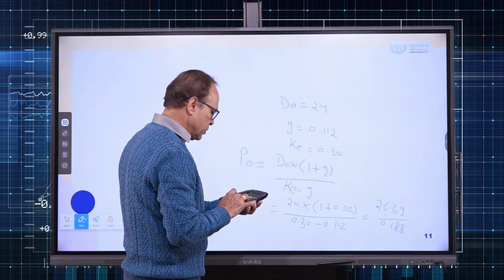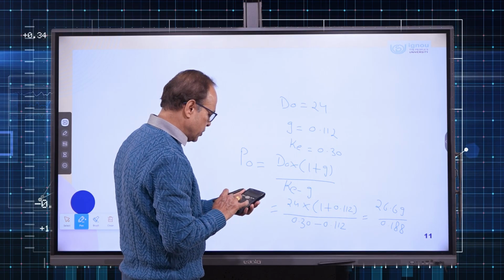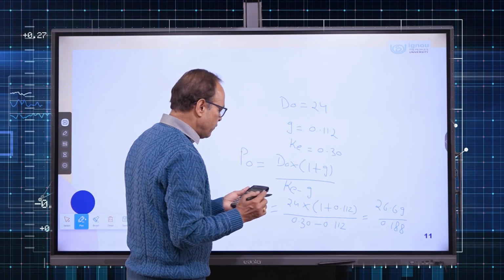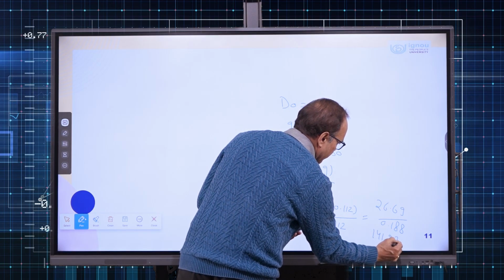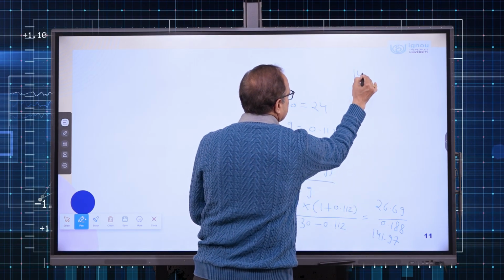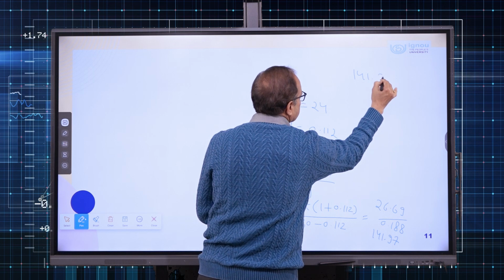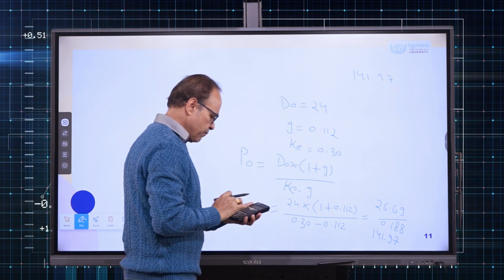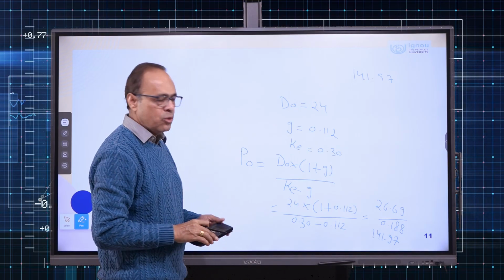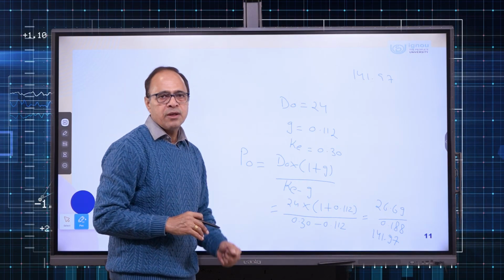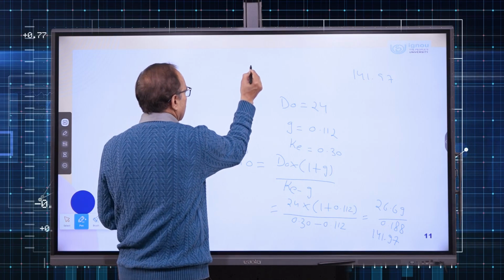So 26.69 divided by 0.188 is 141.97. So this investor is ready to pay at most this price for the given share.